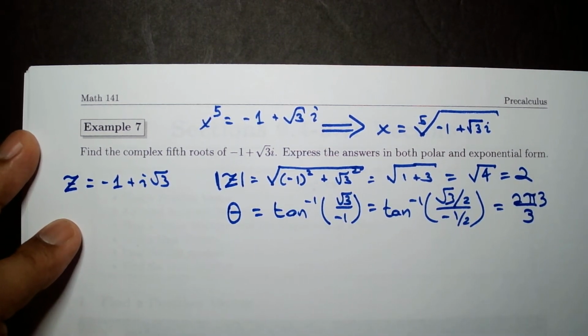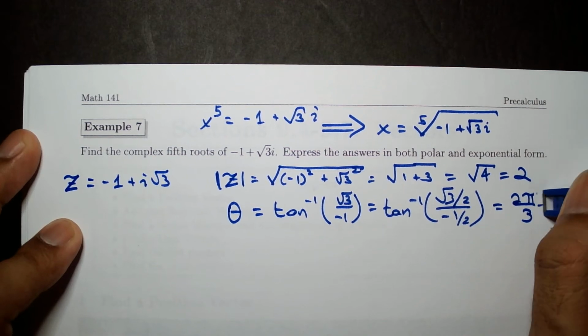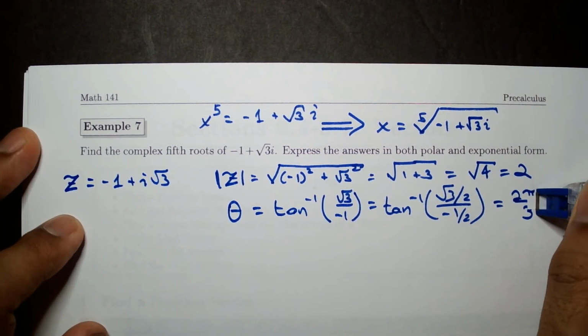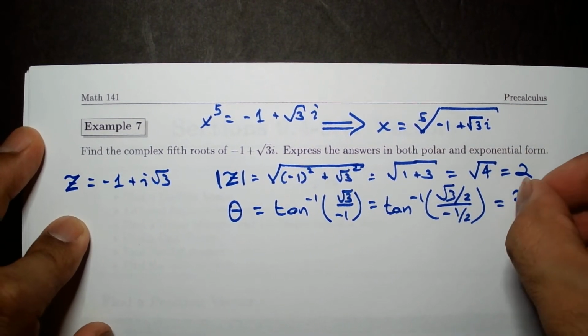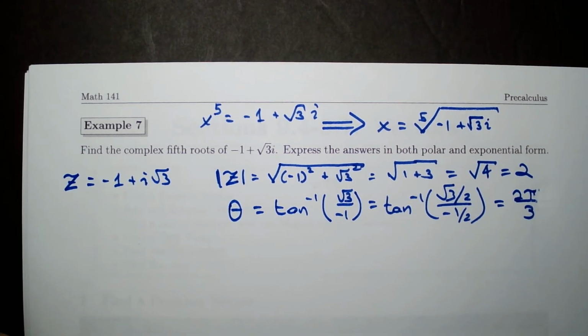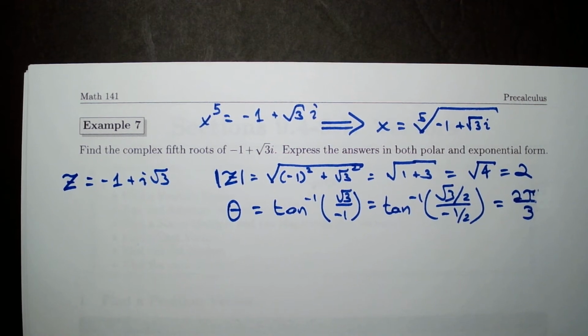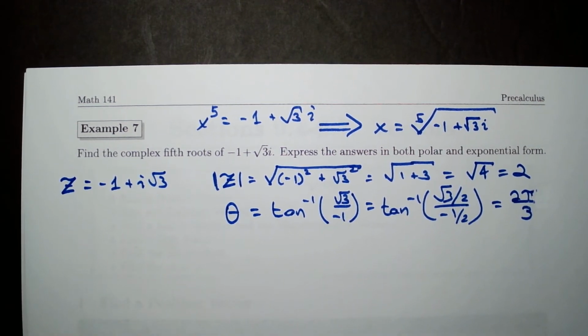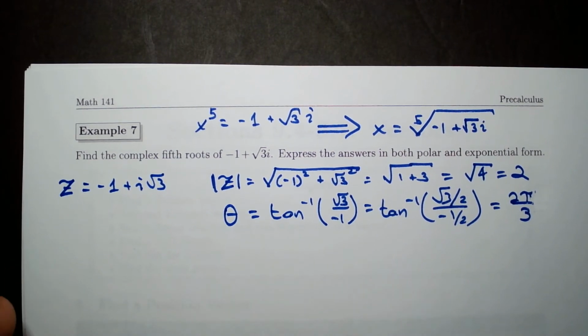Let me verify that real quick. Give me 1 second. In degree mode, inverse tangent of negative square root of 3 is -60, plus 180. Yep, that's 120 degrees. Yep, that's 2 pi over 3.